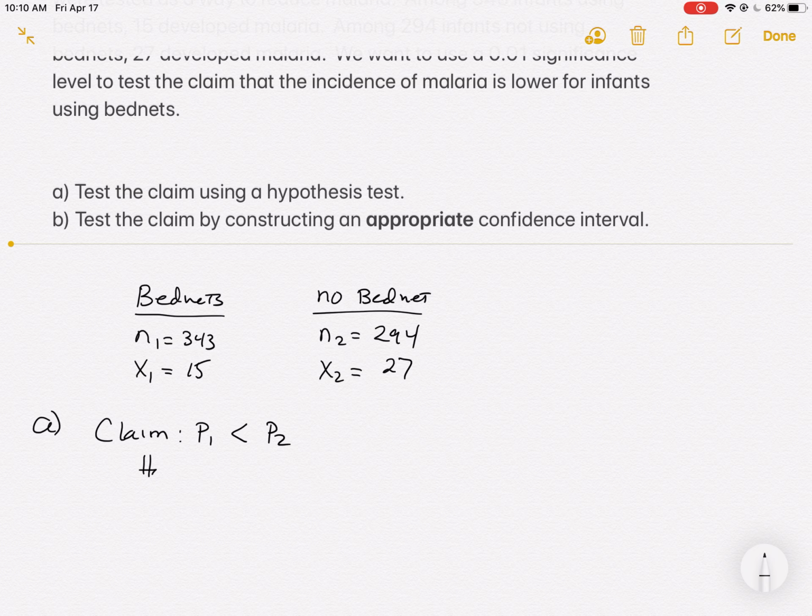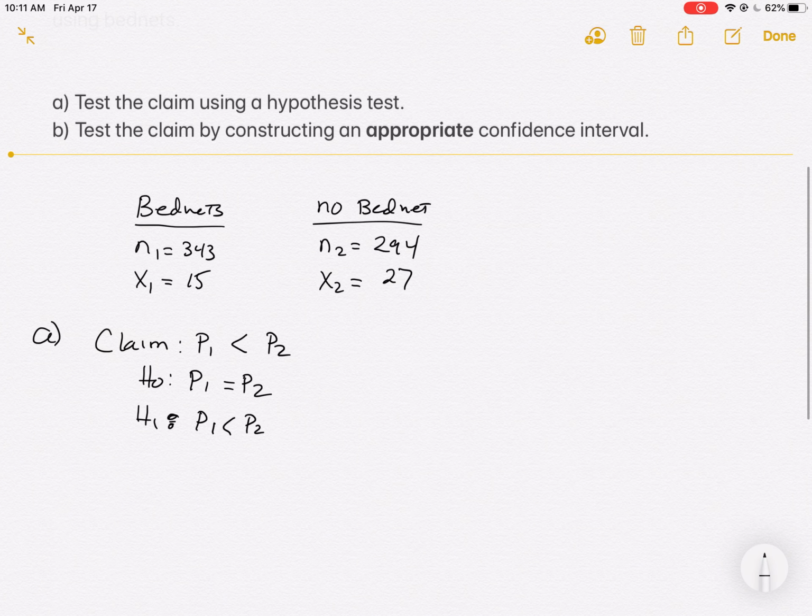So our null hypothesis is always P1 is equal to P2, and our H1 is always the same as the statement of the claim if it can be, and in this case it can. So we already know it's a left-tailed test. We do know that we're going to have to get the P bar and Q bar now, so let's go get those really quick.